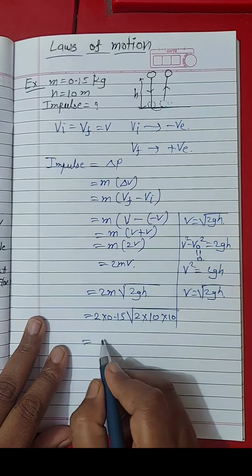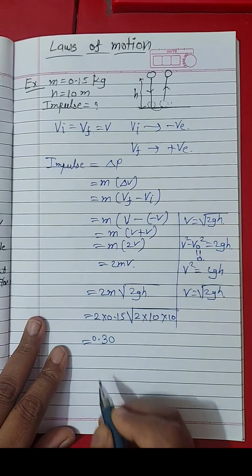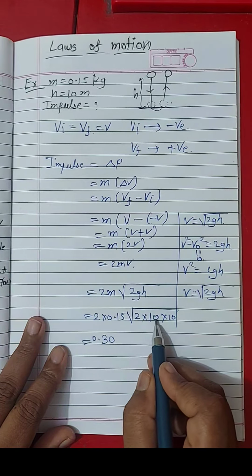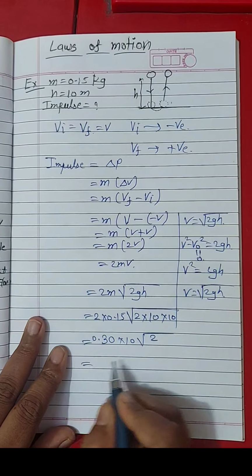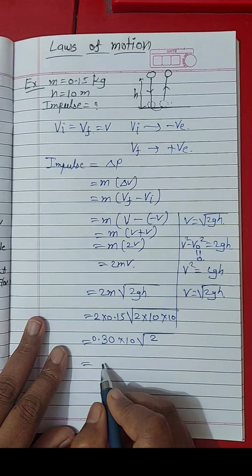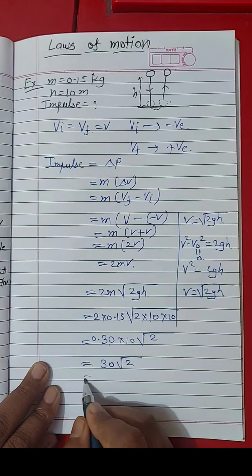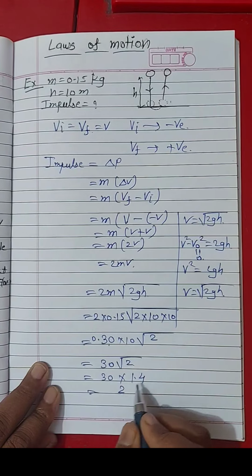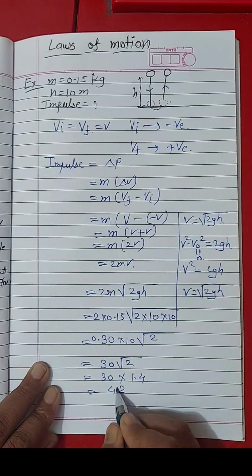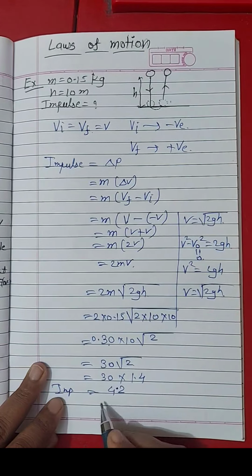Okay, 15 twos are 30, so it is 0.30. 10 will come out, so multiplied by 10 under root 2. It is 30 root 2. So the value of root 2 is 1.4 something. 14 threes are 42 and one decimal point, so it is 4.2. So the impulse is equal to 4.2.